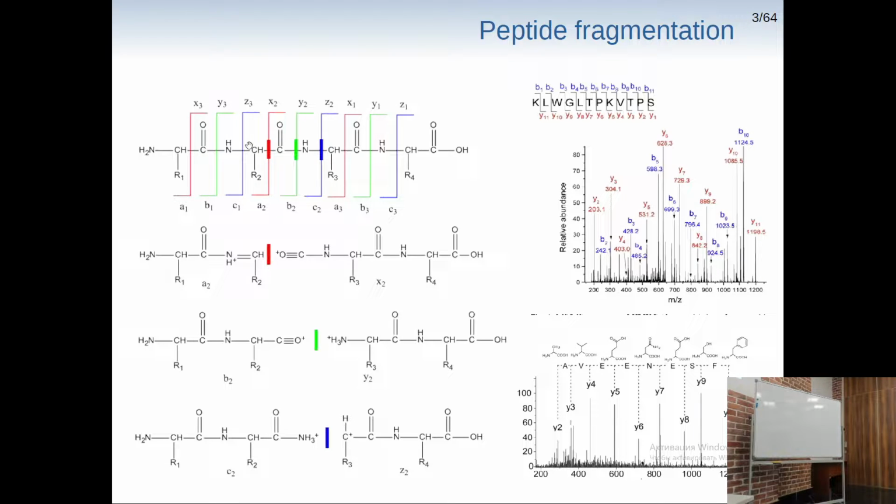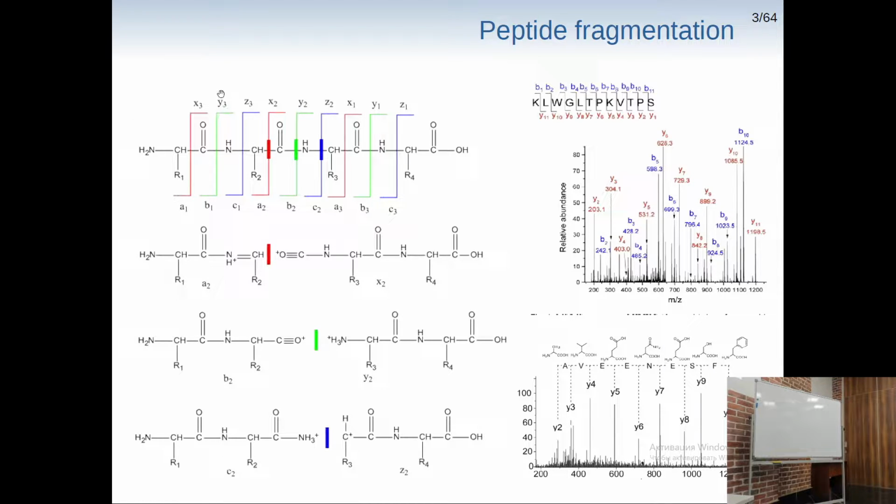And fortunately for us, in certain types of fragmentation and in certain types of mass spectrometers, there are some predominant ions which we are more likely to see than others. So it's a little bit easier, because mostly we will have the so-called Y and B series.